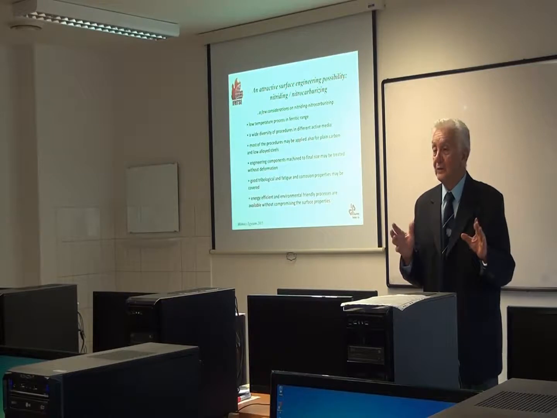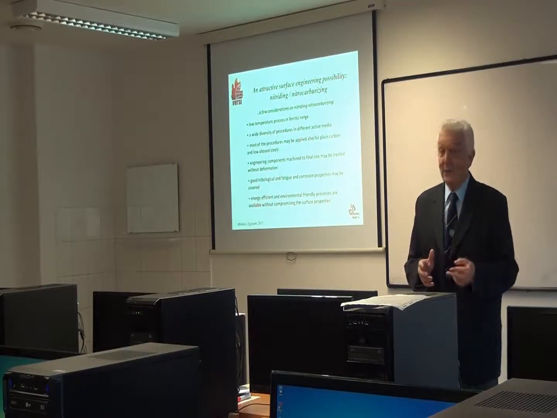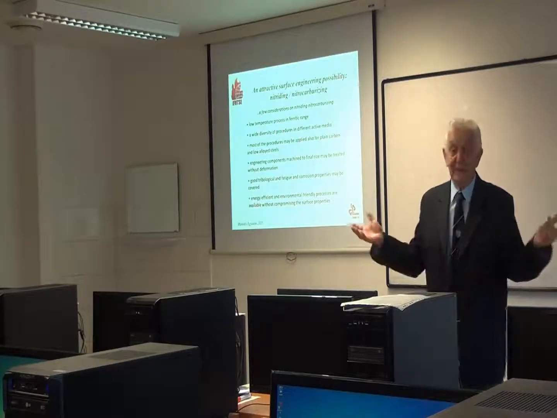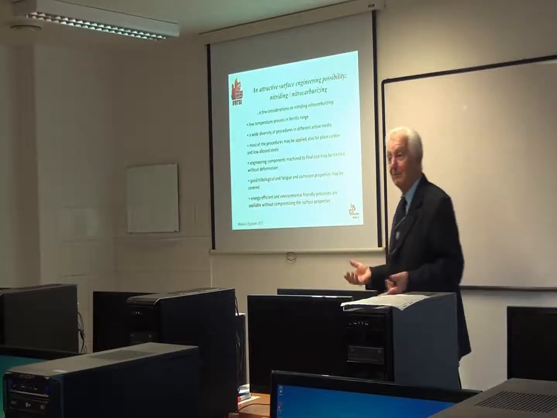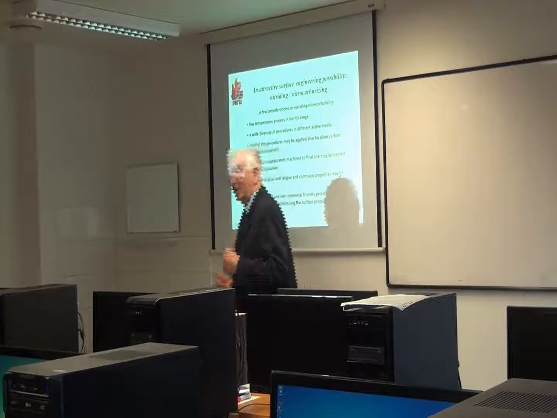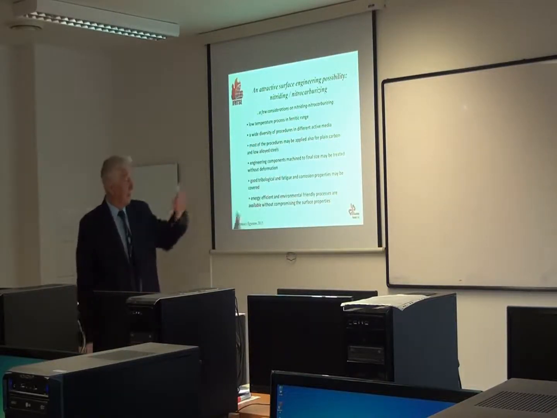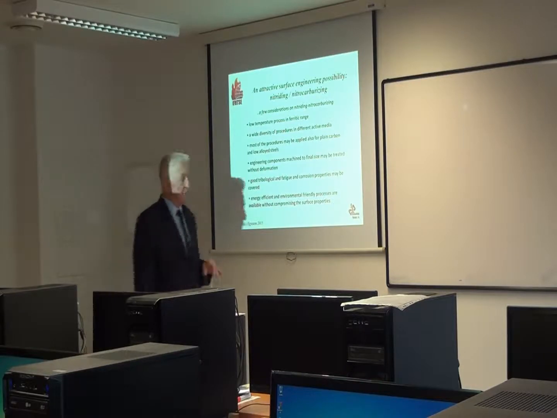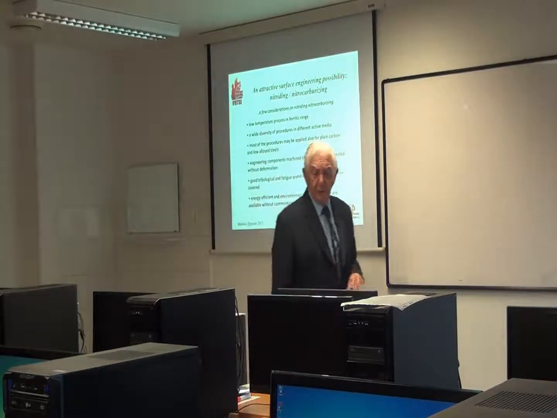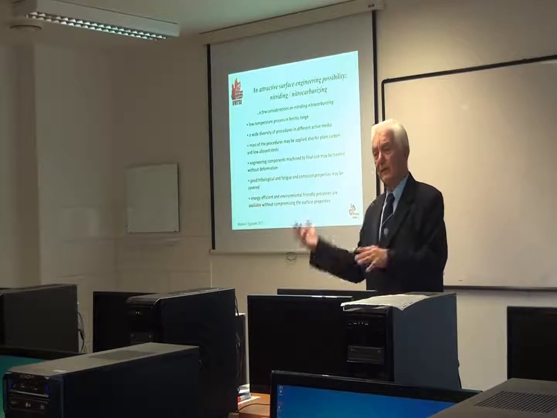Then why don't we do it? There are two reasons. We cannot store the energy and we cannot transport the energy. That's it. So it's not a problem to have energy, but we have to learn how to store it and how to transport it.